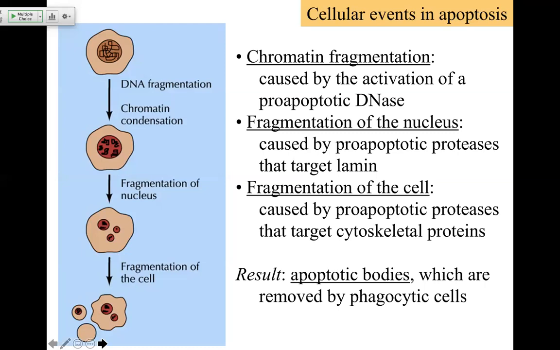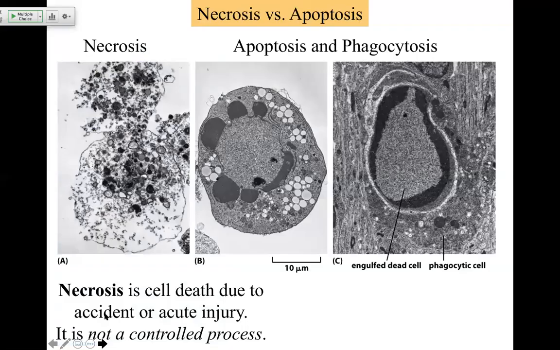Now, again, we want to differentiate this series of events, these regulated events, from another type of cell death, which is necrosis. Necrosis is sort of an accidental death. When a cell is damaged, it swells, it lyses, it releases its contents, and it then causes inflammation by surrounding cells.